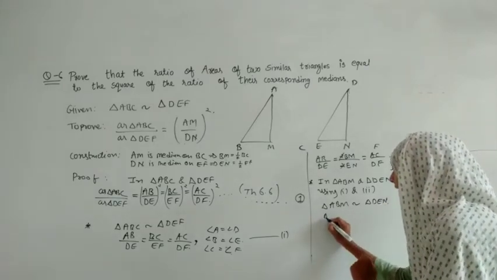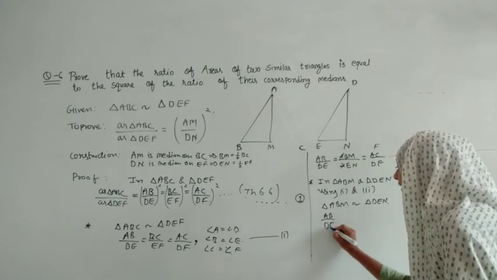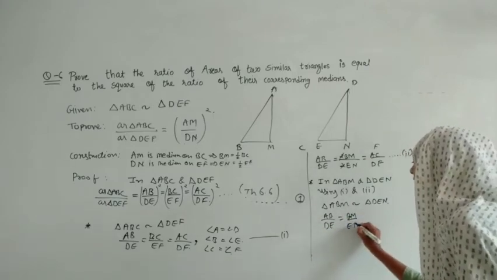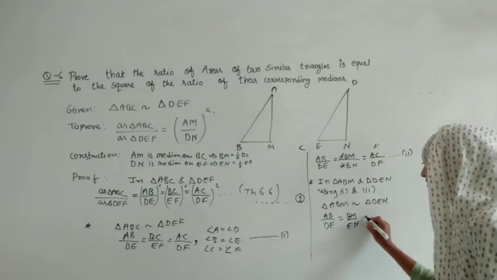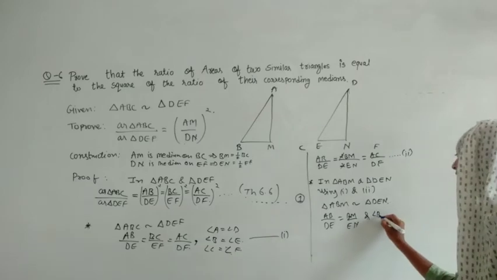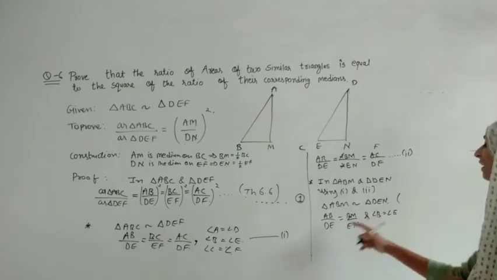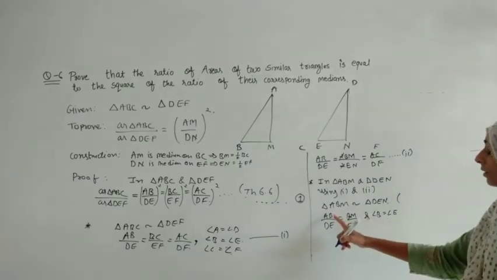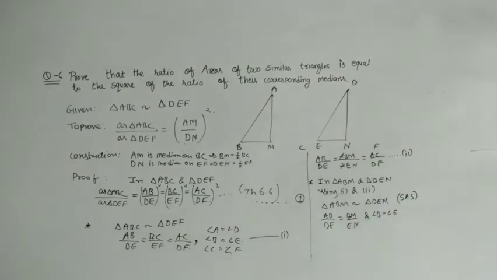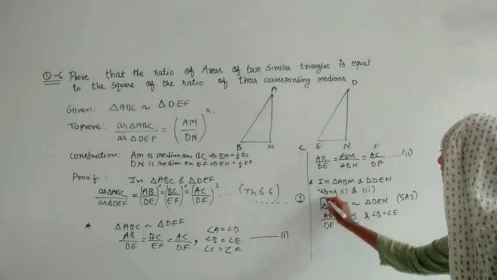Because AB by DE, and that is equals to BM by EN, ratios of the 2 sides, as well as here we will mention angle B is equals to angle E. So side angle criteria will be side angle side. So I have mentioned in a bracket, and that's why we can write this.